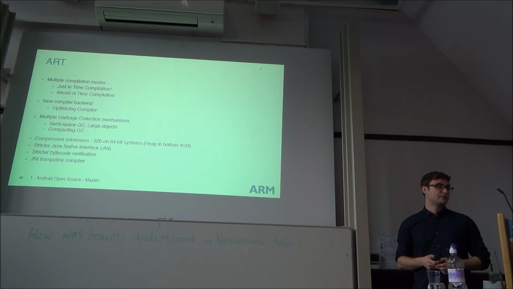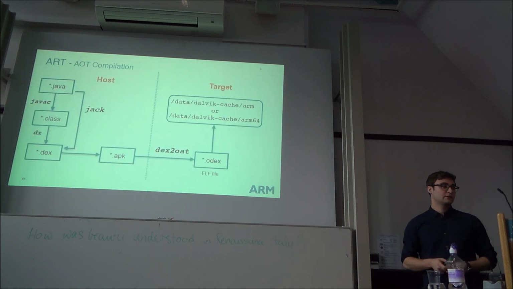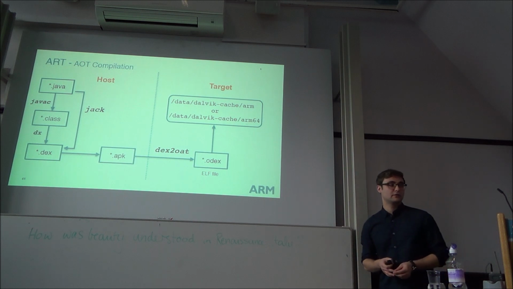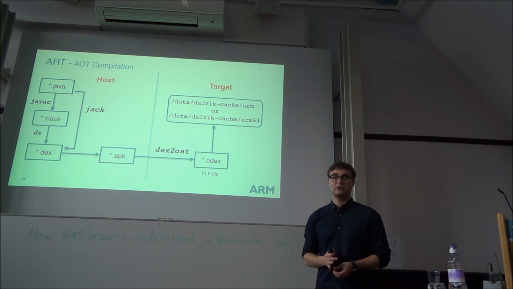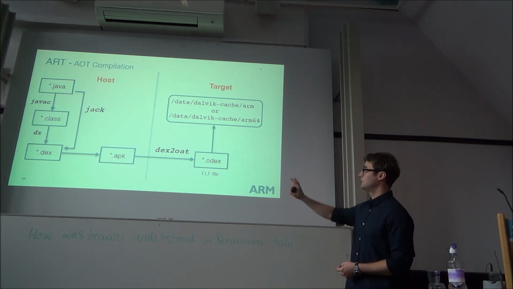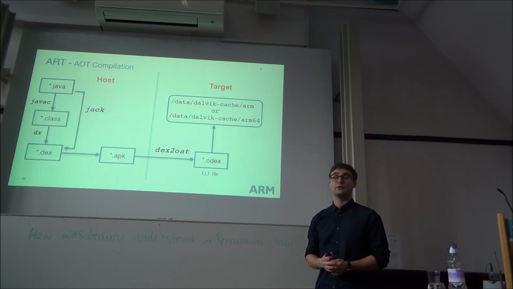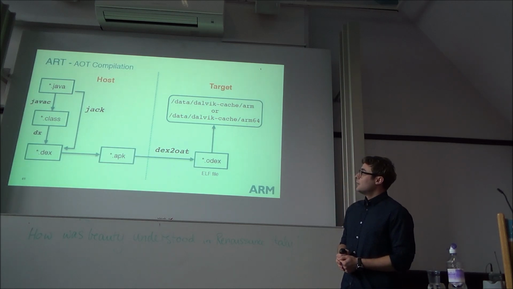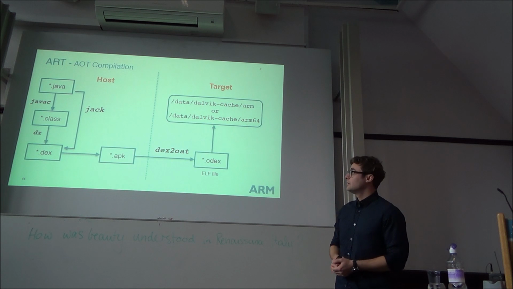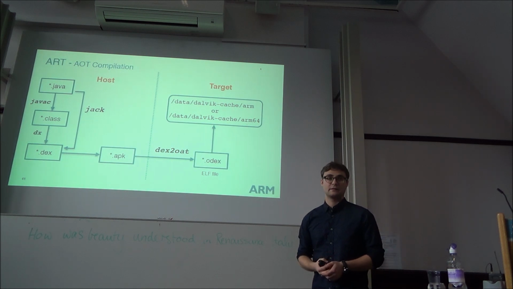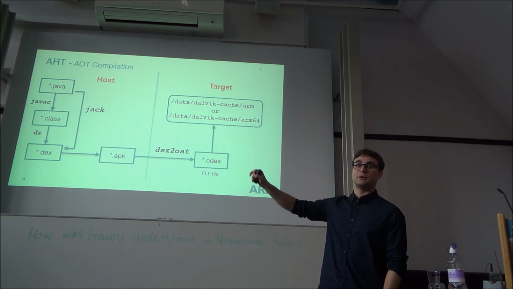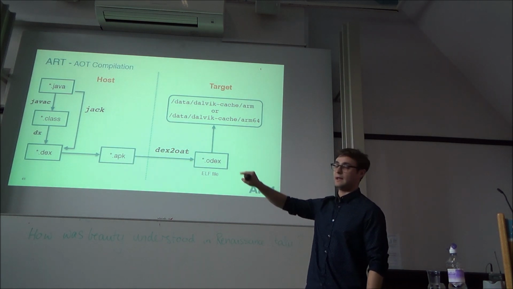And obviously it has a few other distinctions when compared to Dalvik. So here's a compilation overview of how your application gets compiled. This relates to Android M and Android L. You basically have your Java source code that you compile to Java classes and then DEX classes using the old compilation method that's using Javac and DX.